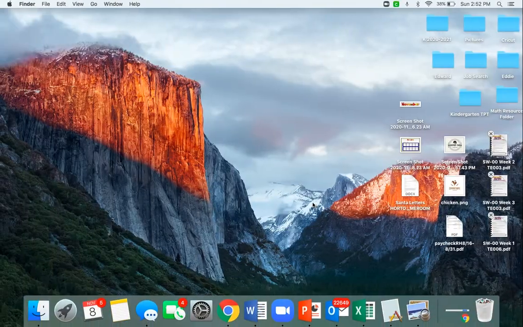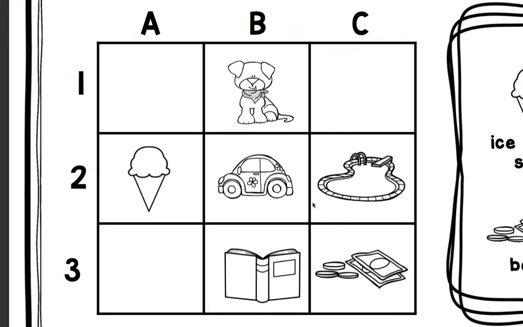Okay, so Miss Horton's going to show you with one that kind of looks like your worksheet. So you have a worksheet. It doesn't have these exact images on it, but it has some of them, and we are going to try it out. Okay, so Miss Horton wants to find where my book is.